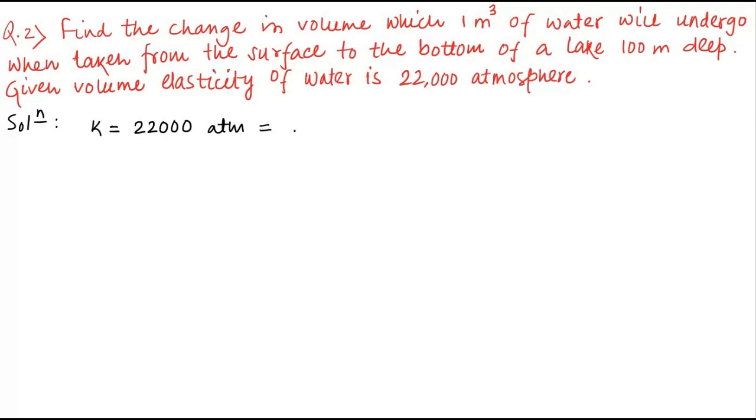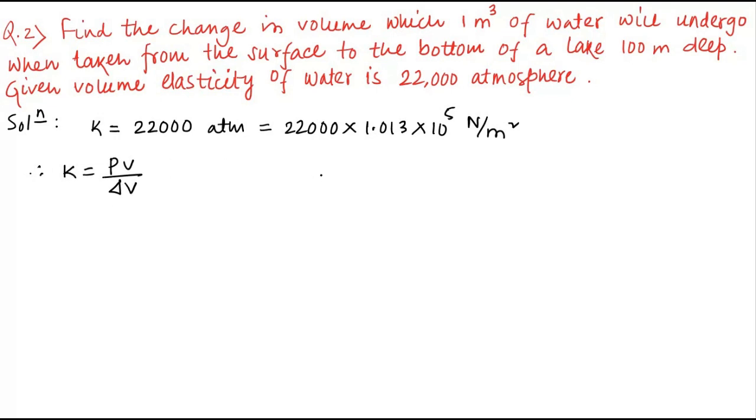So 1 ATM is equal to 1.013 into 10 to the power 5 Newton per meter square. And we know that bulk modulus is equal to PV by delta V, which is volumetric stress upon volumetric strain.